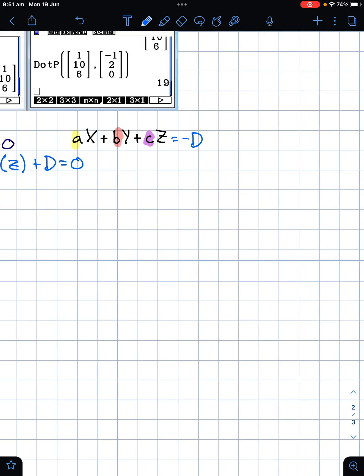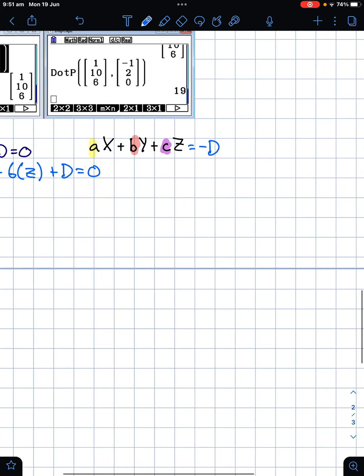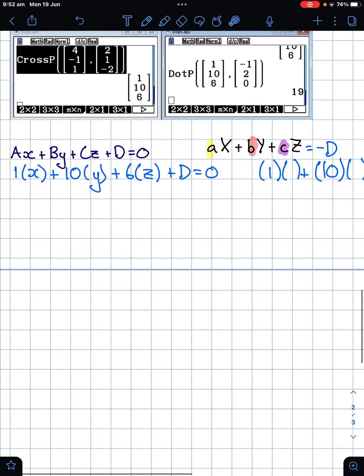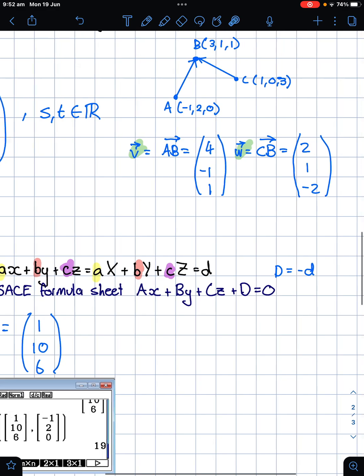So we had our 1, 10, 6. We need to pick a fixed point to put these coordinates in. I've done a, b and c from our normal vector, and now we need to find a point we know to then come up with the D for our equation.